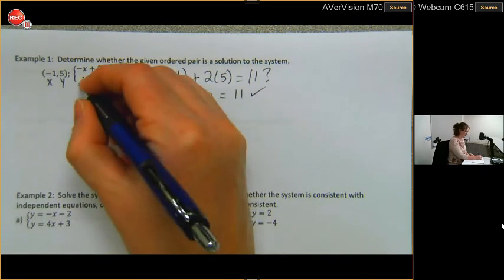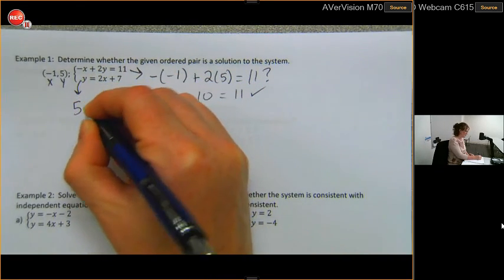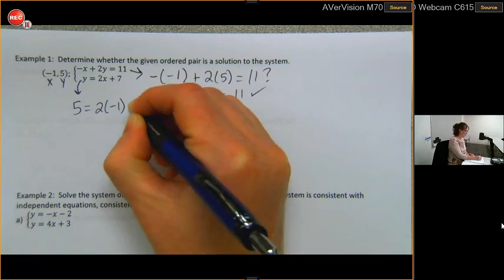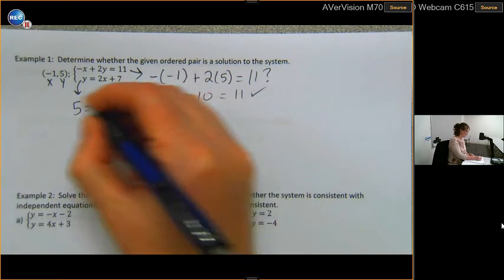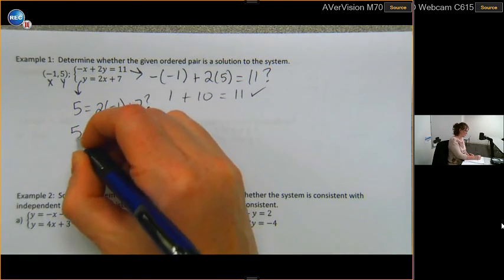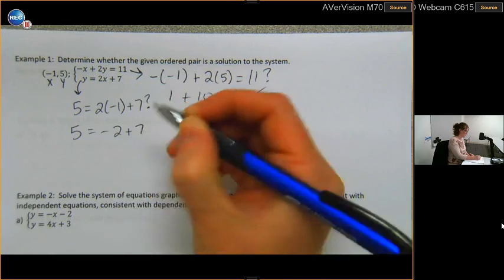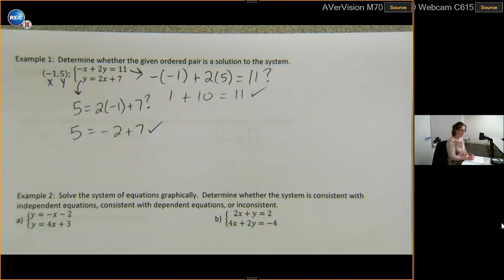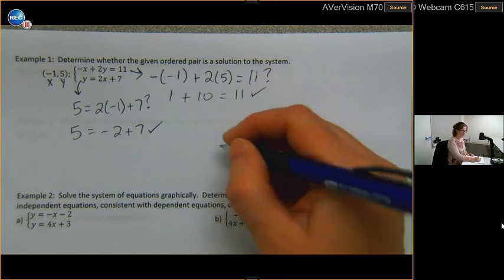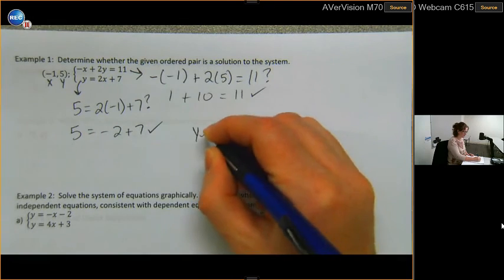So now I move on to the next equation and I substitute the x and the y. Which is also true. Therefore, the ordered pair negative 1, 5 is a solution to the system.